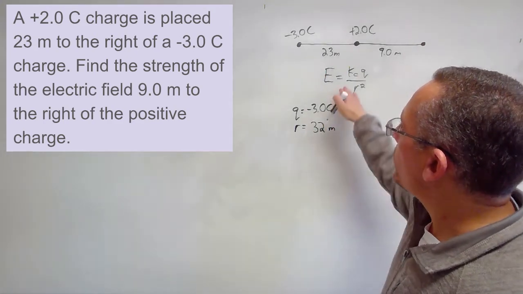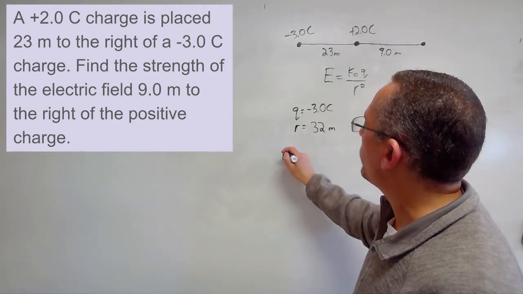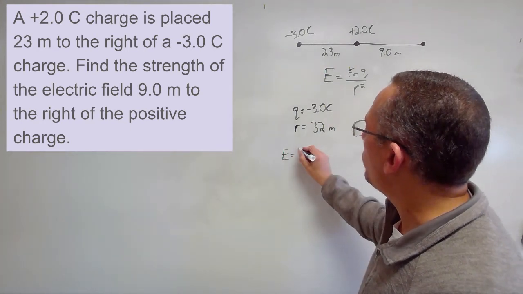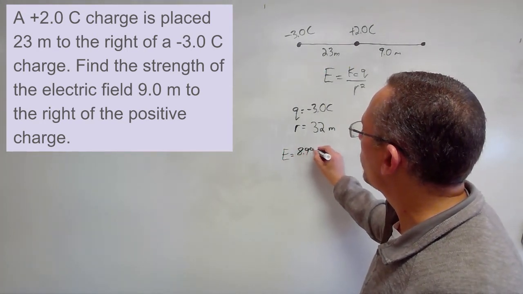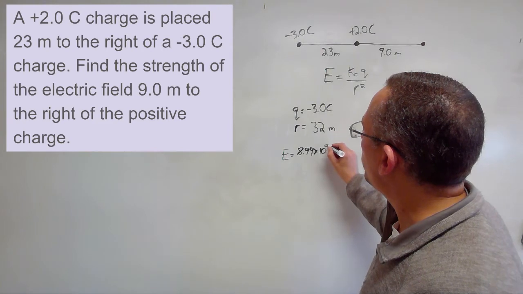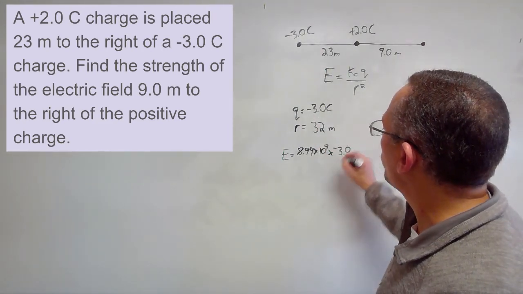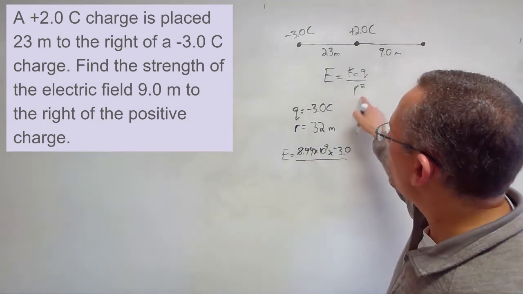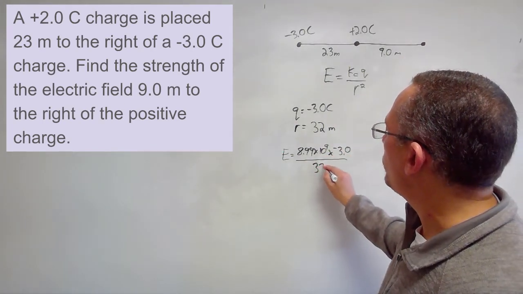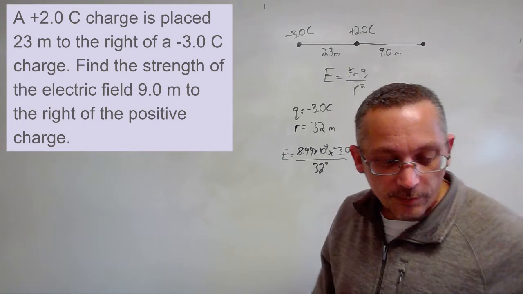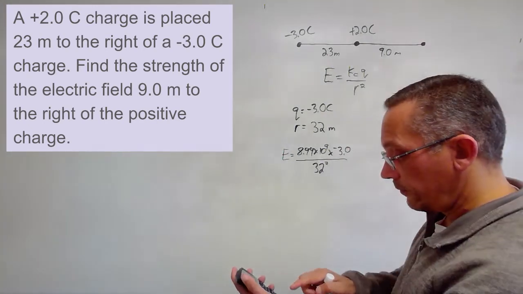Let's put those numbers in: E equals 8.99 times 10 to the 9, times negative 3.0, divided by 32 squared.